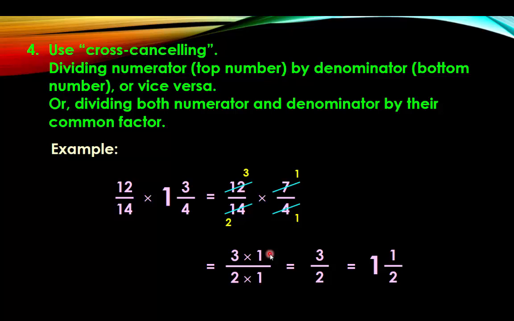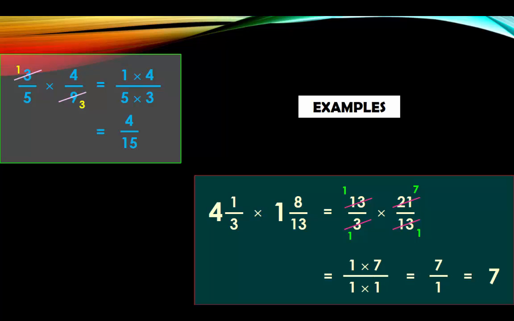So 3 times 1, numerator times numerator, over denominator times denominator. 3 times 1 equals 3, and 2 times 1 equals 2. So the answer is 3/2. 3/2 is an improper fraction, so you have to change it back into a mixed number. 3/2 equals 1 and 1/2.